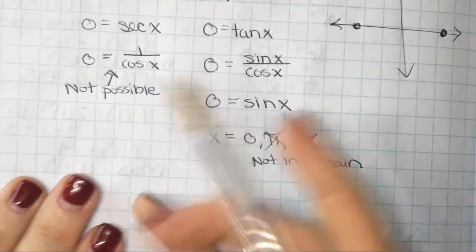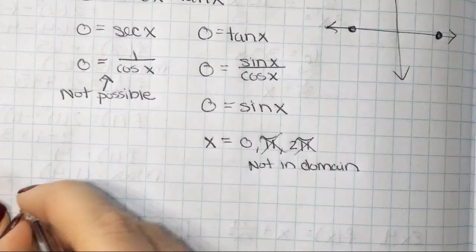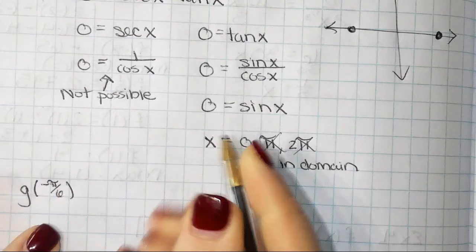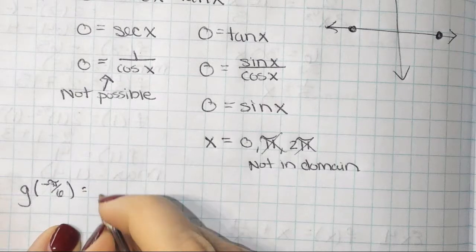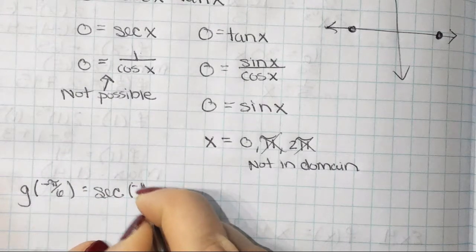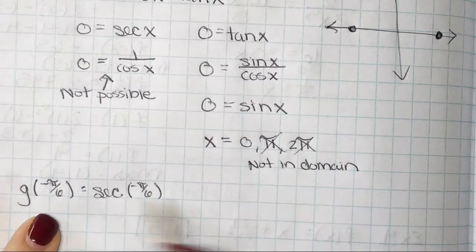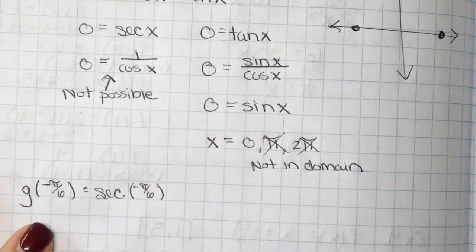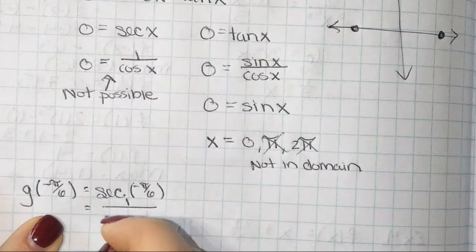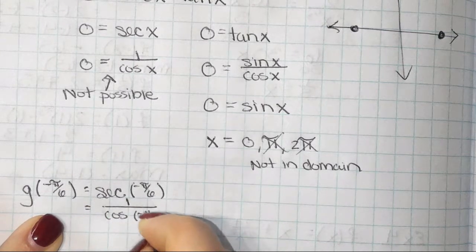So now, the first one that I'm going to plug in is g of negative pi over 6, which is secant of negative pi over 6. Again, it helps if you change secant to 1 over cosine.